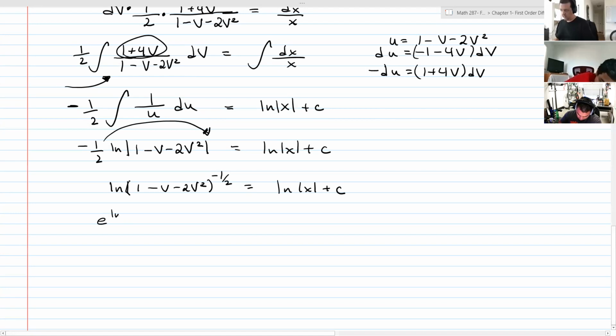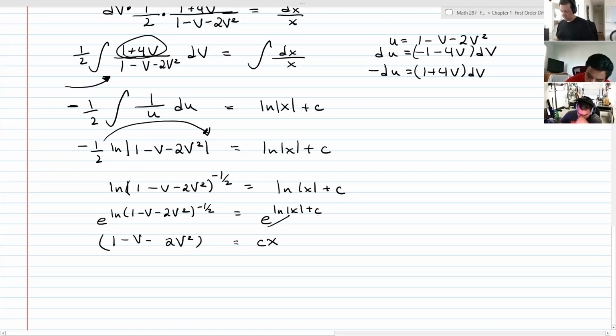So this becomes e to the natural log of 1 minus v minus 2v squared to the negative 1/2 equals e to the natural log of x plus c. The right-hand side becomes cx, because e to the natural log of x is just x, and e to the c is a constant. So we've got cx, and we've got 1 minus v minus 2v squared to the negative 1/2.